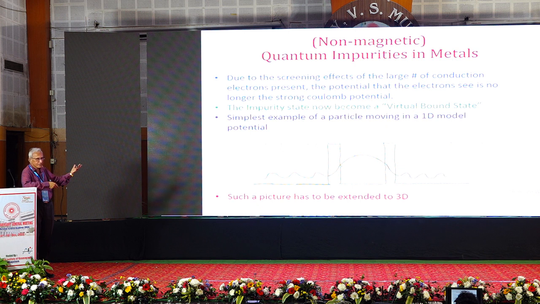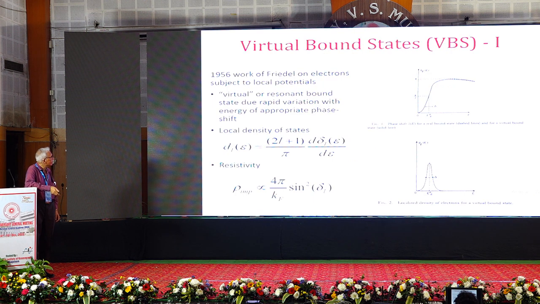You have to picture the extension of this in 3 dimensions, where there's a spherical shell kind of thing with a potential well inside. This work was carried out by Friedel, and you have to imagine spherical waves impinging on this impurity, the waves which correspond to electron states in the metal.